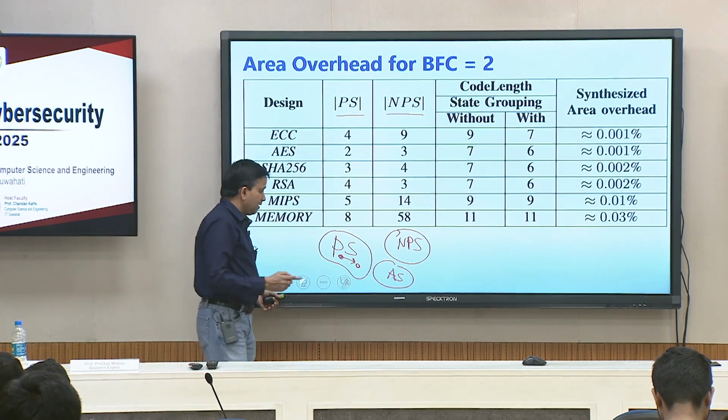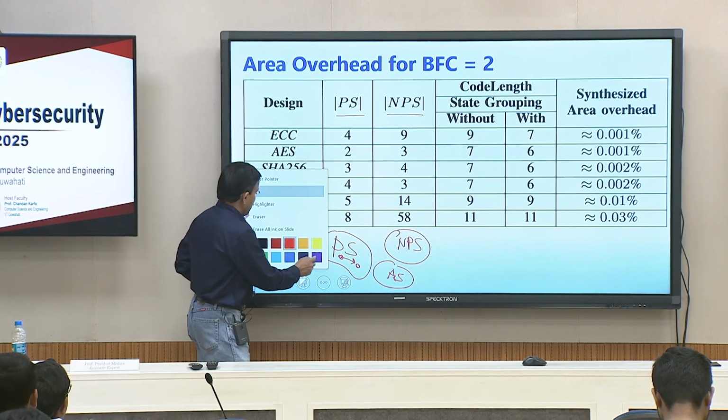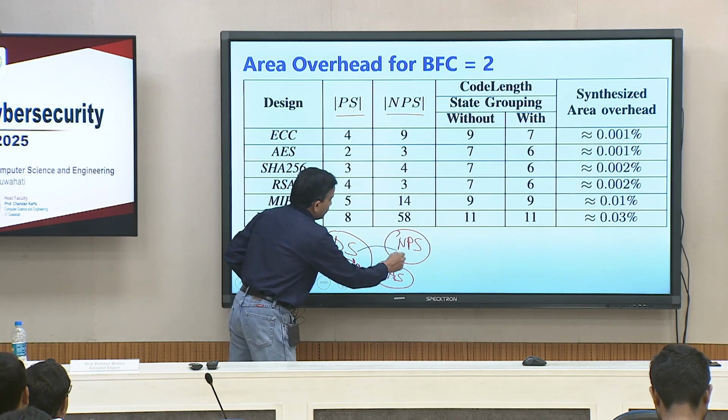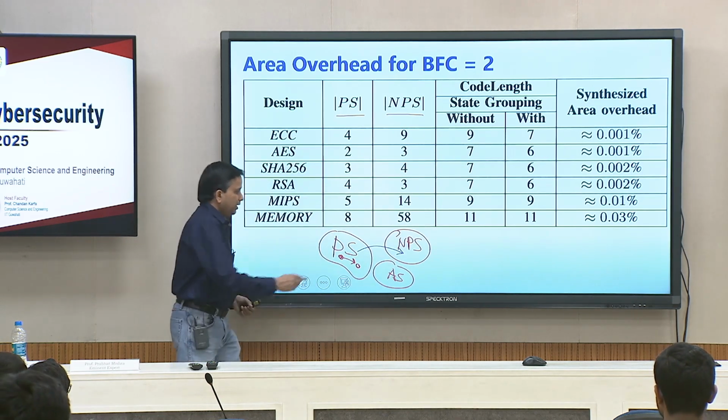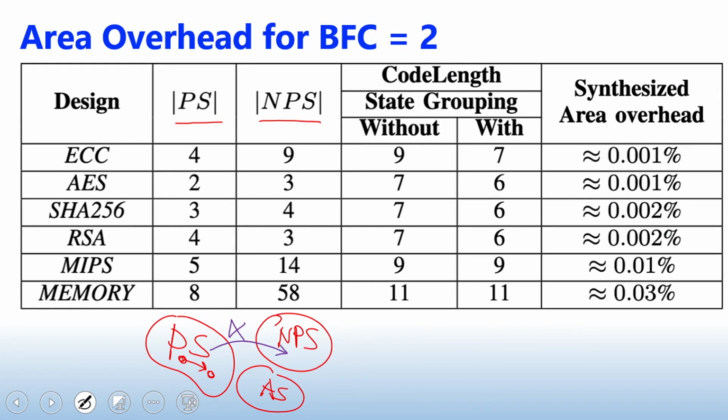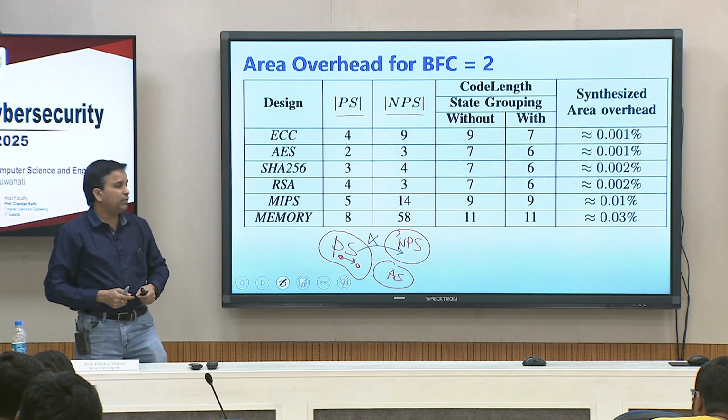What we really care about, most importantly, is the following: nobody from here should come to here. As long as the Hamming distance from any of the code words here is more than the bit flipping capability plus 1 distance away from here. Oh no, the other way around, non protected states to protected states. As long as that Hamming distance is more than the bit flipping capability plus 1, then we are fine. That is the grouping approach.